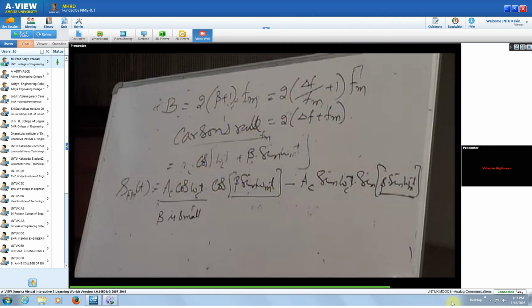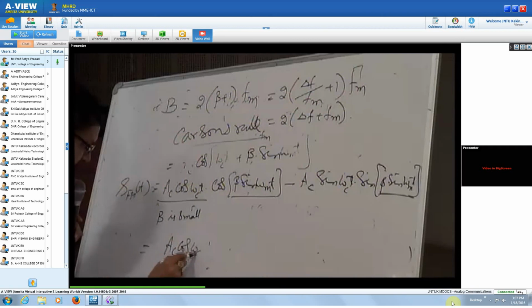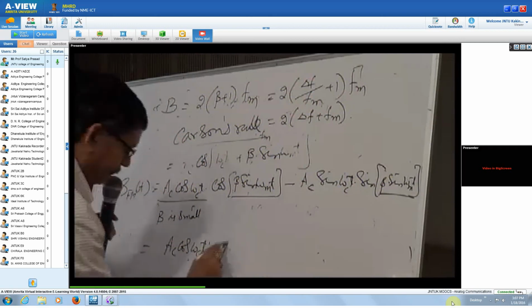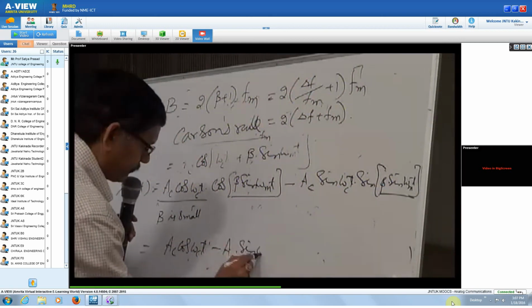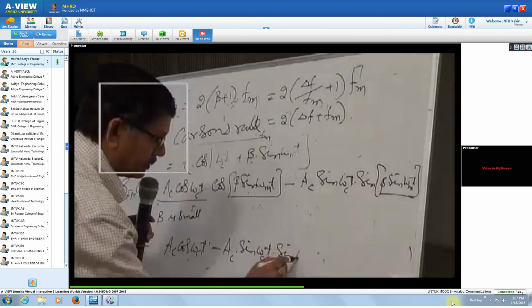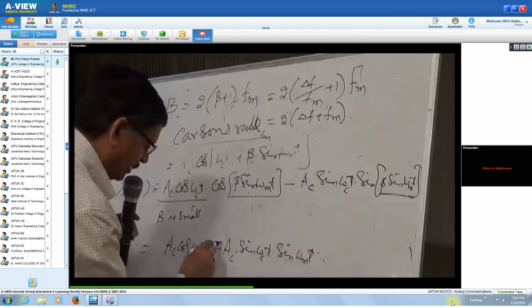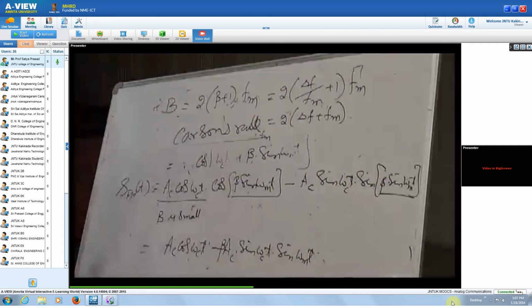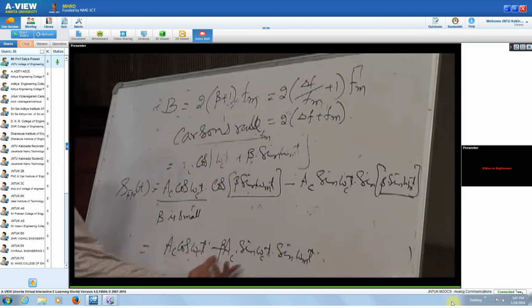Cos theta is 1 and sin theta is theta. Therefore, we write this as AC cos omega ct minus beta AC sin omega mt into sin omega ct.